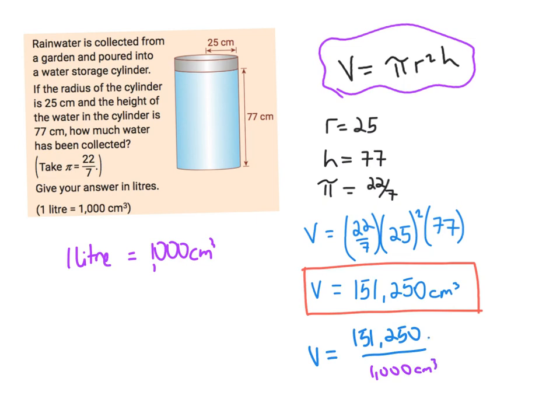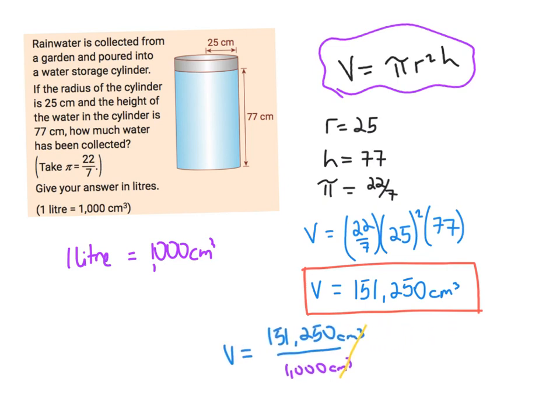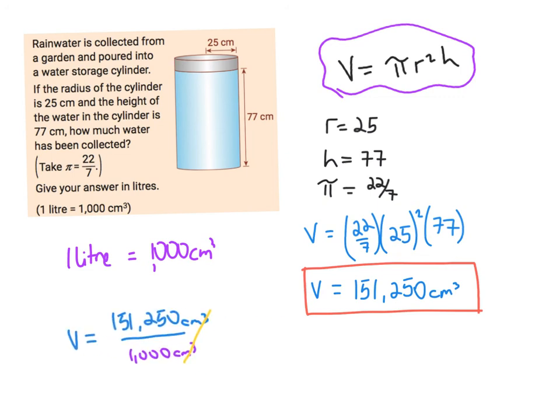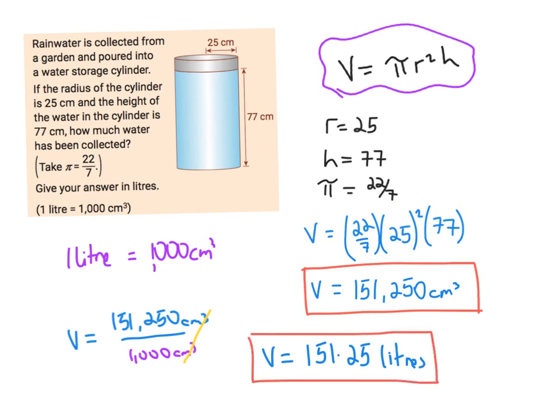I'll just write in those units there. It's like those two units cancel in a way, and that's going to give us litres. So that means our volume is equal to 151.25 litres. Okay, so that's our completed answer in litres.